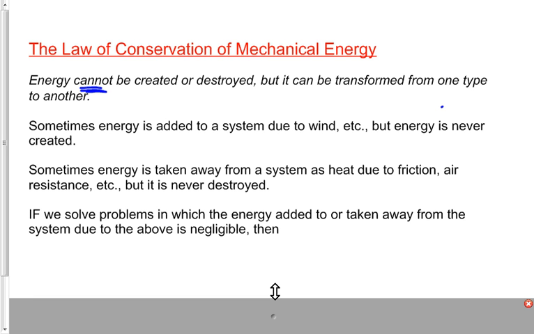We're going to limit our use of conservation of energy to mechanical energy problems. And when we do that, we're always going to start off the problem by saying this: E_i equals E_f.